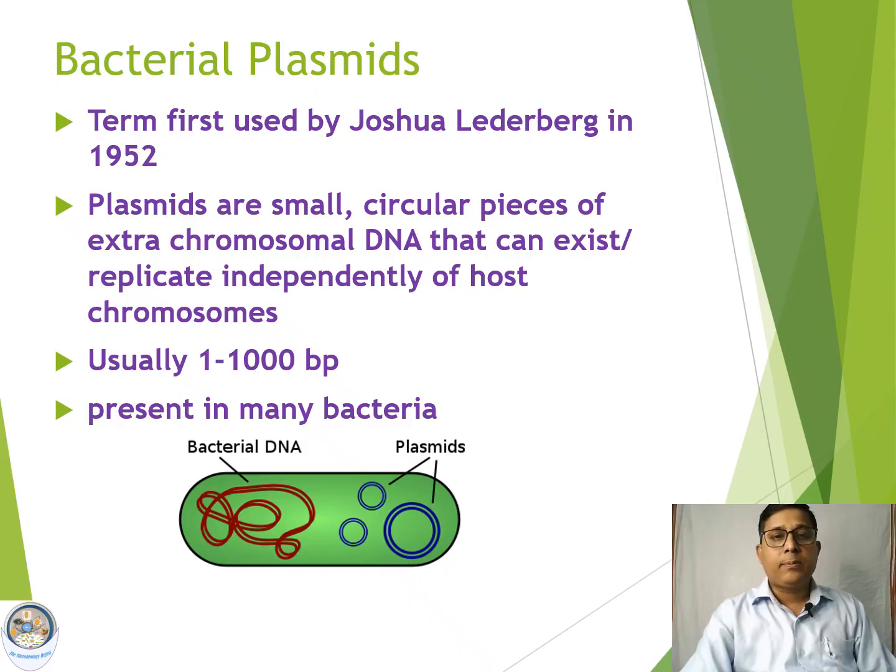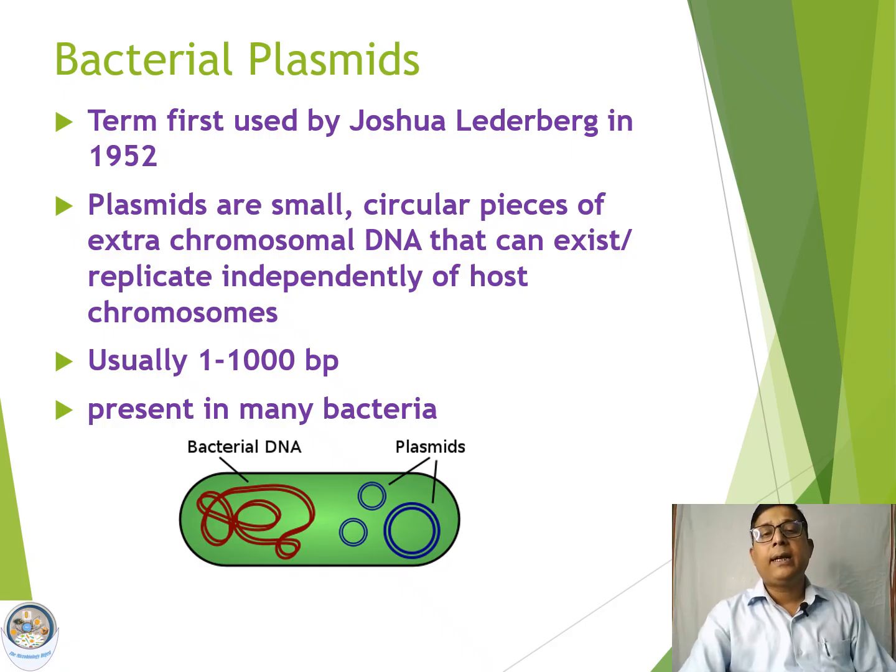Now, what are bacterial plasmids? These plasmids are small circular pieces of extra chromosomal DNA that exist in many species of bacteria, and they can replicate independently of the host chromosome.